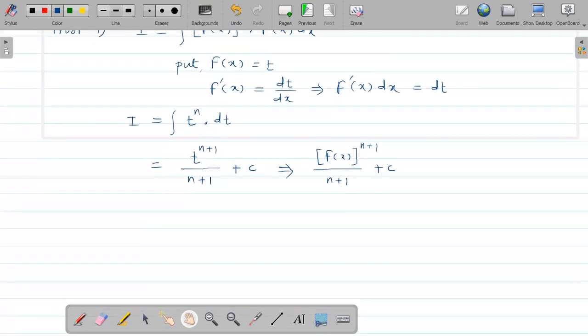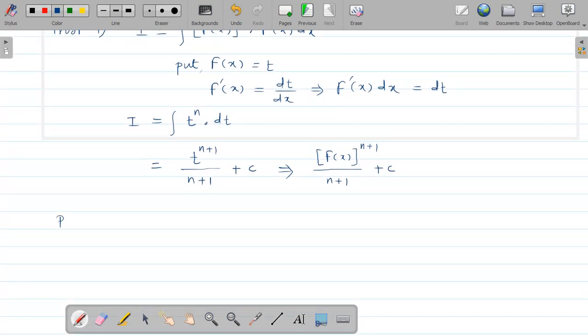Now let us see proof number 2. In that, we have to evaluate the integration of f dash x upon f of x dx.